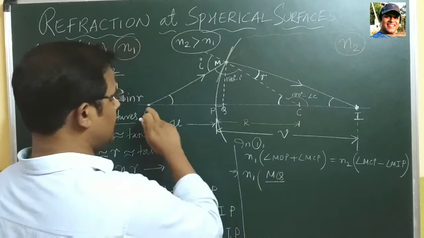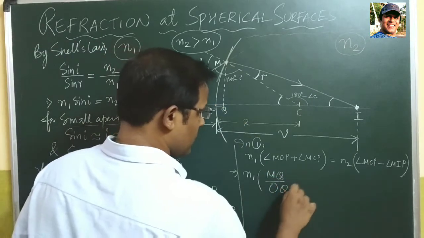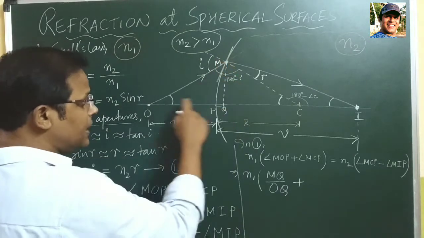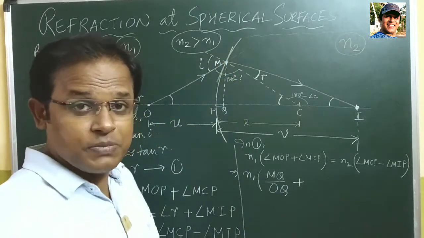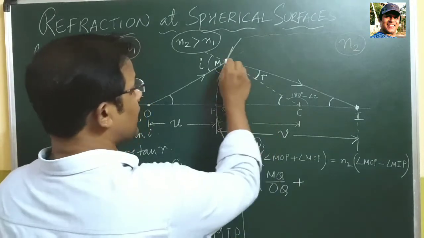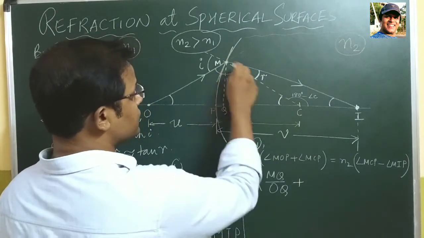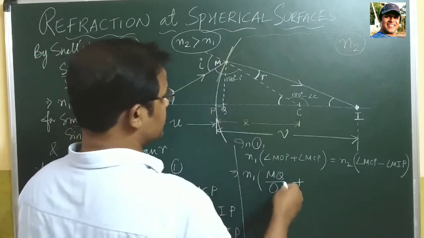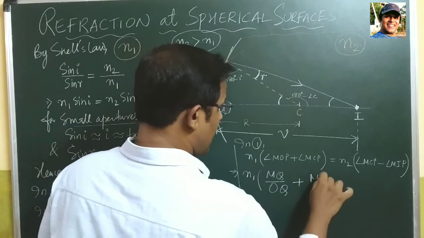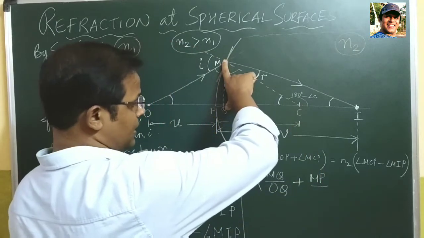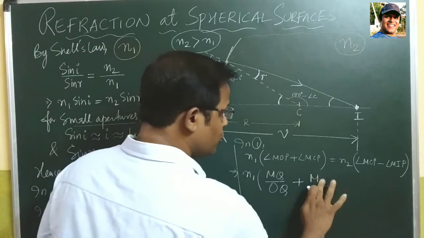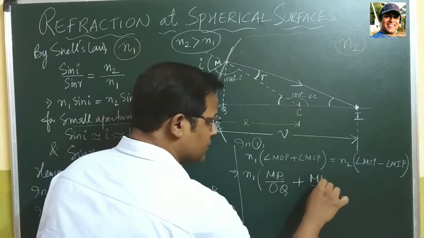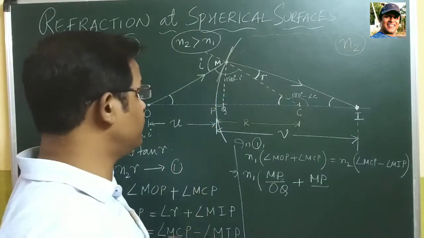MQ by OQ. Okay, you can say MQ by OQ, you could have said MP by OP. Please do not misunderstand, right? Angle MCP, this is the triangle I'm talking about, MCP. So I could have easily said again MP, or you could have said MQ, whatever. Let me just change this out, okay? Let us call this MP so you don't have any sort of confusion.